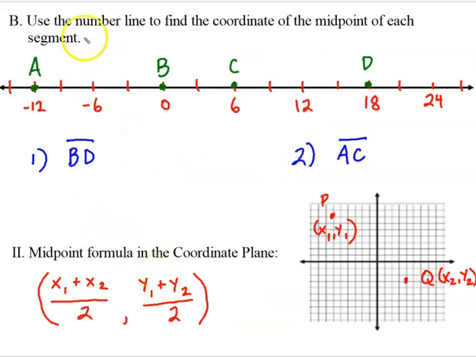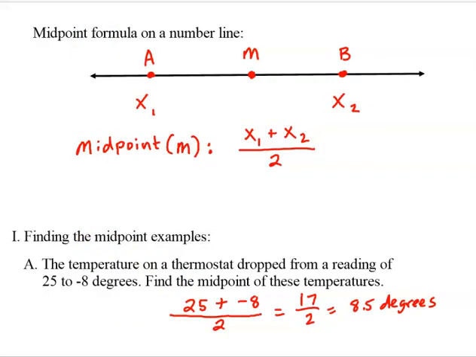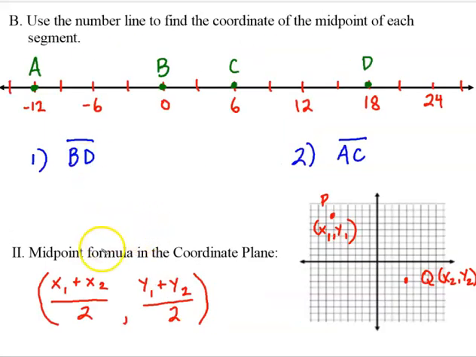All right, so let's take a look at some other examples. Here we have the number line, and we're asked to find this distance. It's called segment BD, but that's just another way of saying if we know the distance between those 2 points, that's another way of saying that is the segment called BD.